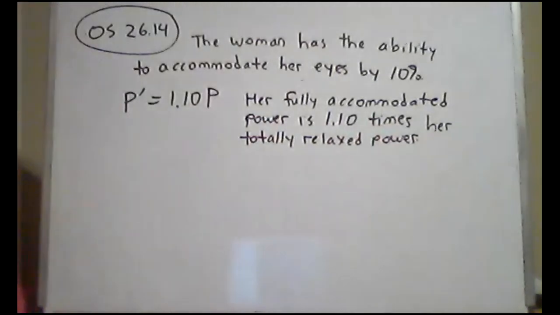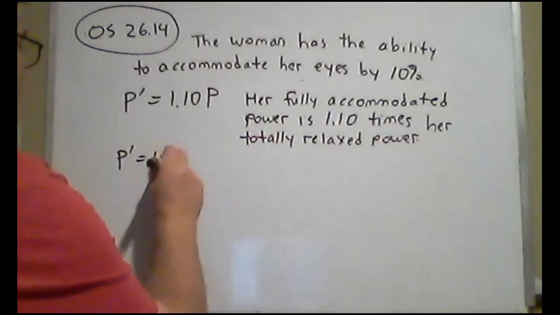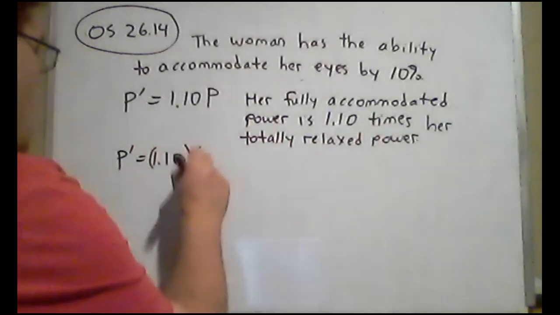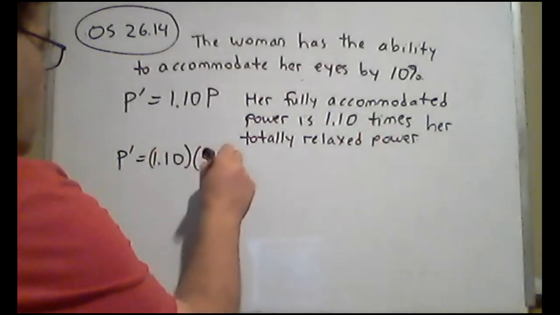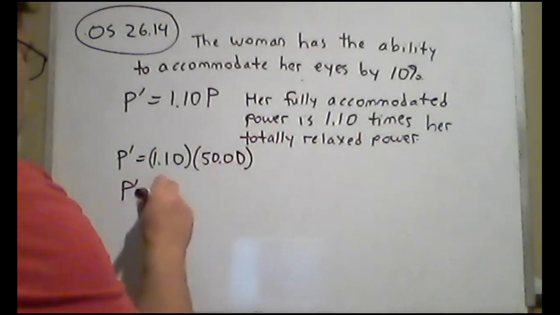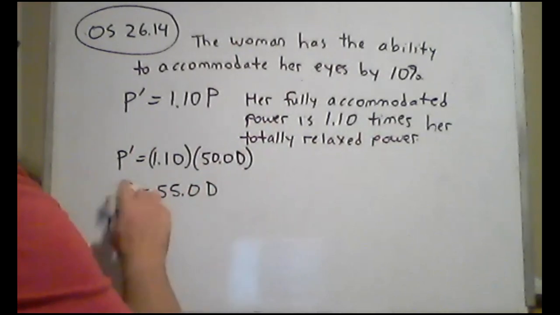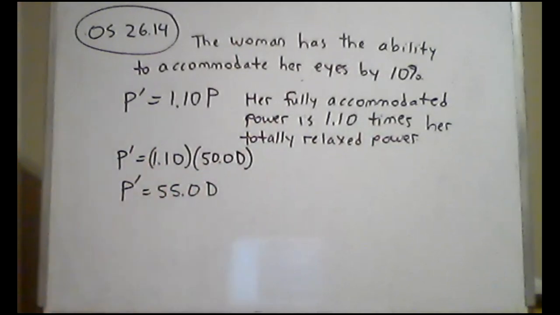So what is that going to be? Well, we're shooting for a P prime of 1.10 times 50 diopters. That means her fully accommodated power will be 55 diopters. And that's her fully accommodated power when she's looking at the closest object that she possibly can see.